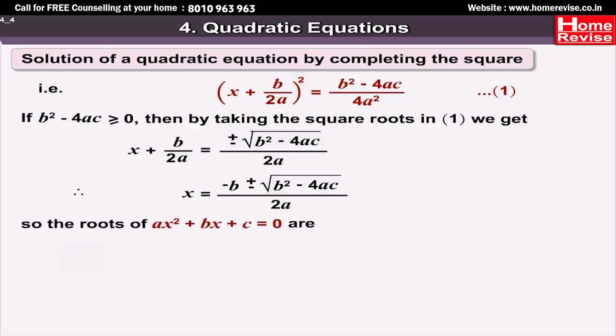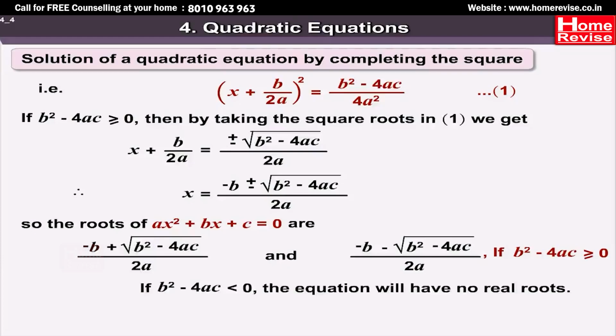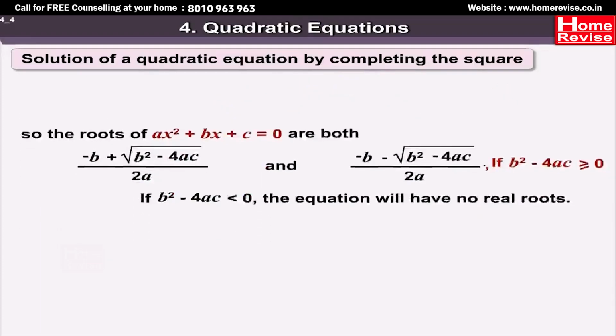So, the roots of ax squared plus bx plus c is equal to 0 are minus b plus square root of b squared minus 4ac upon 2a and minus b minus square root of b squared minus 4ac upon 2a, if b squared minus 4ac is greater than or equal to 0. If b squared minus 4ac is less than 0, the equation will have no real roots.